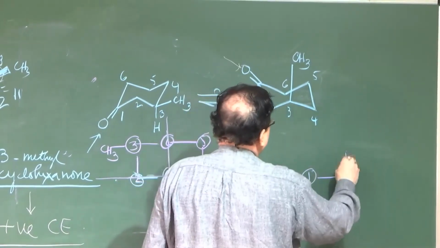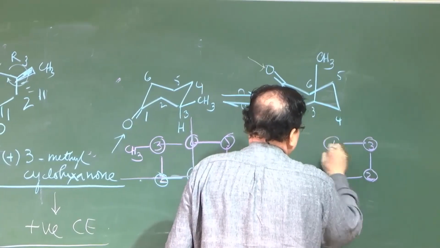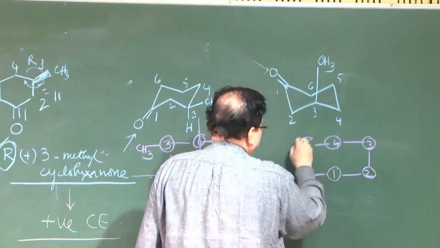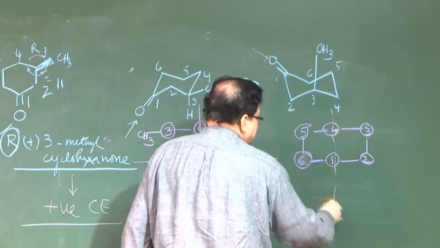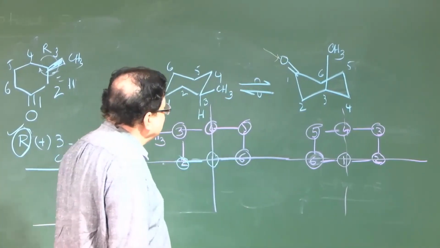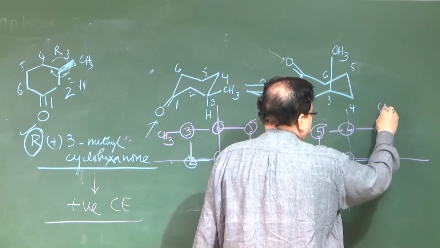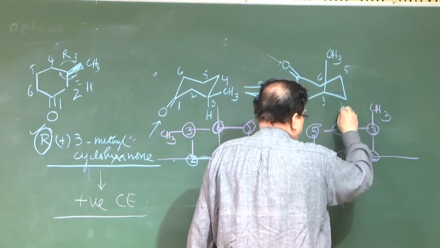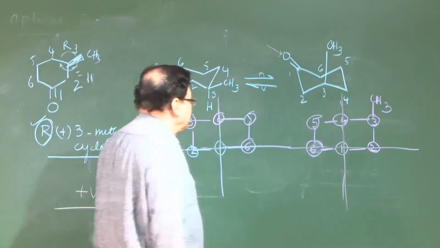Then you complete: 2 is joined to 3, 3 is joined to 4, 4 is joined to 5 and 5 is joined to 6. Okay. And where are the 2 axes? These are the 2 axes. Where is the substituent? The substituent is at the 3 position and that is the axial substituent. So, the axial substituent will be pointing up. So, this is the projection formula.